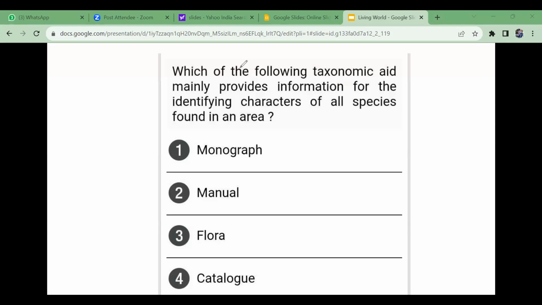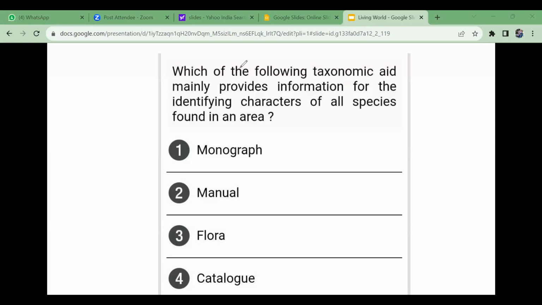Ma'am, but flora is for habitat and distribution, right? हाँ, habitat and distribution. लेकिन when it comes to area, no? About that area, see, flora is only particular for a particular area. Now, if I want to find out about a plant, I found it in Mumbai. So I will take flora. And flora will help me to identify which plant it is because it is in Mumbai vicinity.